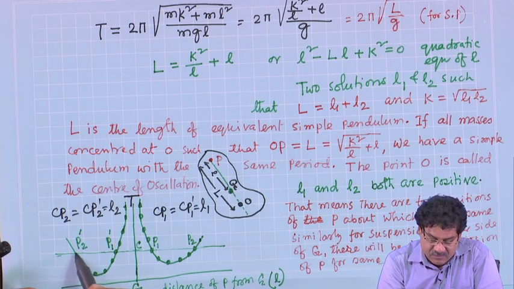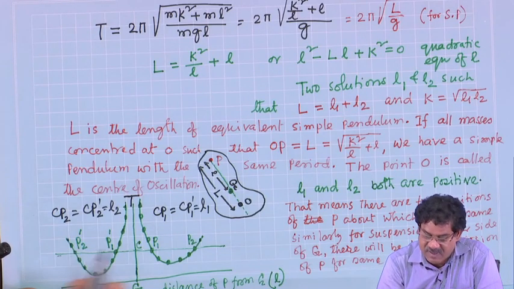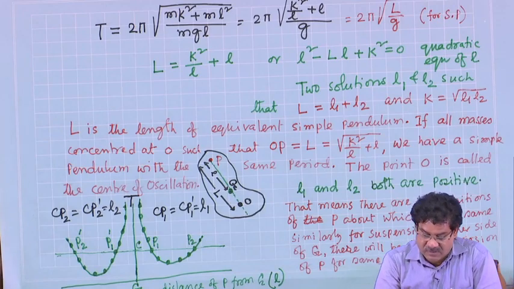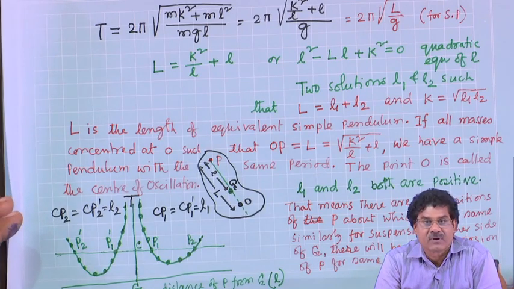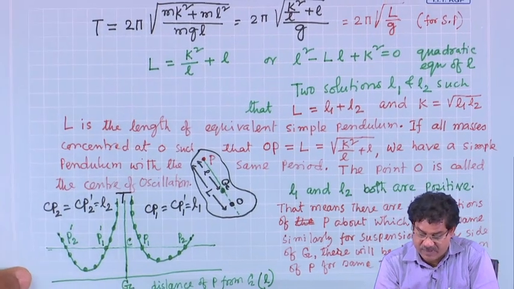Then when you plot the graph, from there you will find L 1 and L 2, okay.